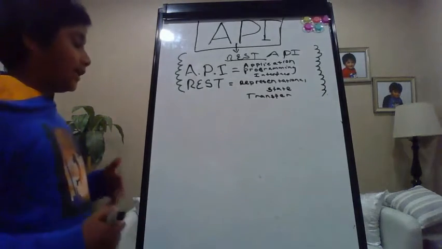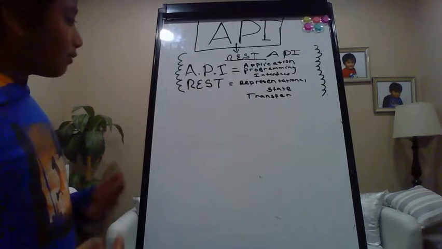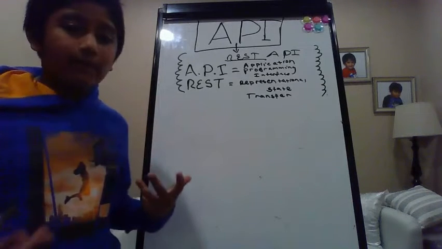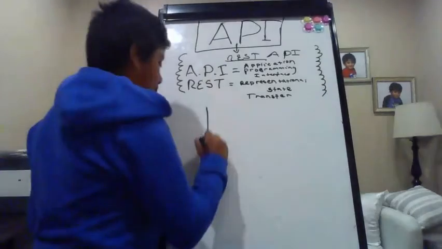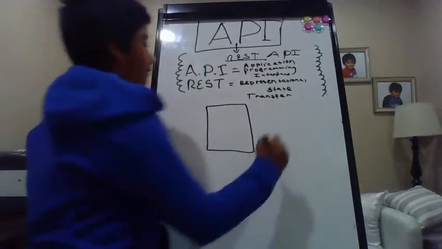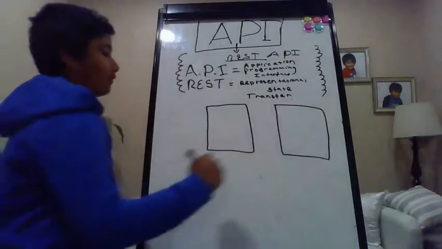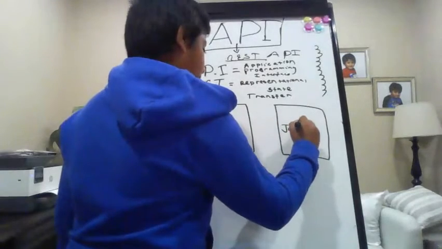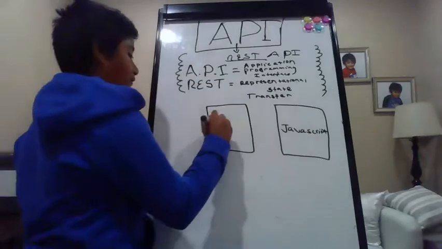So first, an API. Let's say that we have two applications or two pieces of software. One is some Python software, and the other is our front-end JavaScript software. So we're going to say JavaScript here, and our Python.